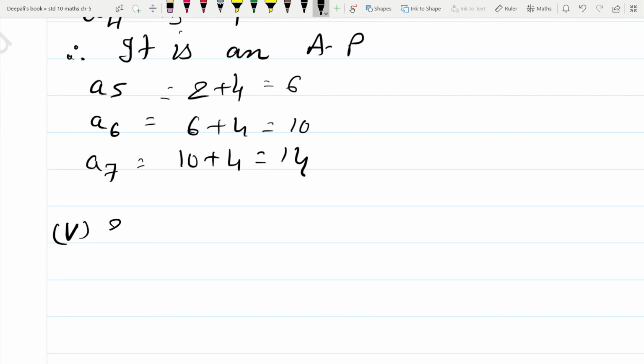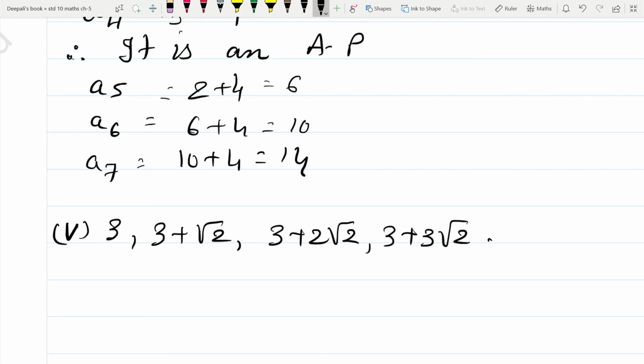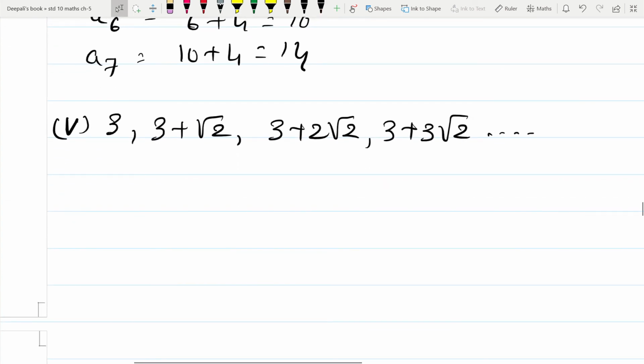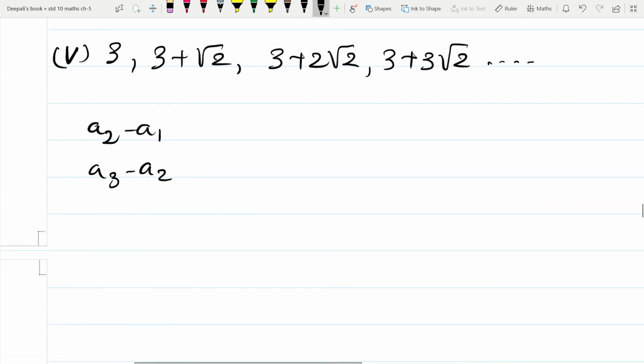Now you have 3, 3 plus root 2, 3 plus 2 root 2, 3 plus 3 root 2, and so on. Now you have A2 minus A1, A3 minus A2, and A4 minus A3. You have to have your concept of surds clear here.